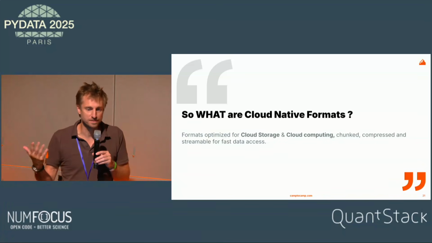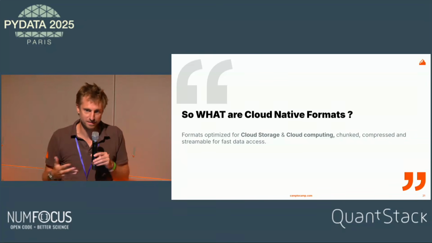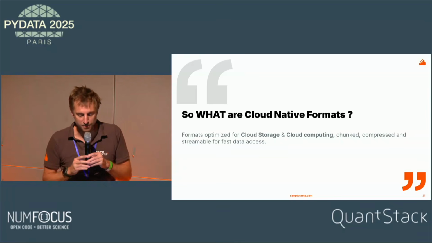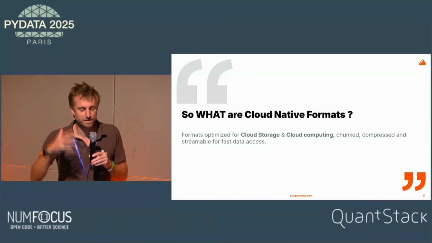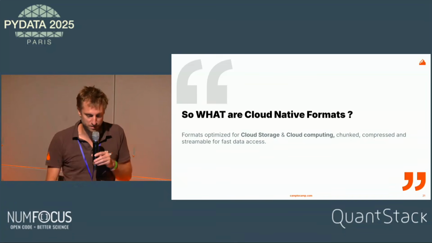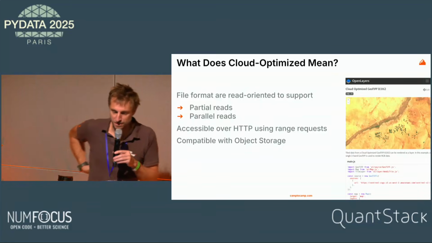For instance, Planet or Sentinel data are billions of gigabytes of data every day. So if I have to download all the files, it could be very long. So one idea is to keep the data in one place, store it on the cloud, and now process it on the cloud. It's thanks to cloud optimized formats, for instance.